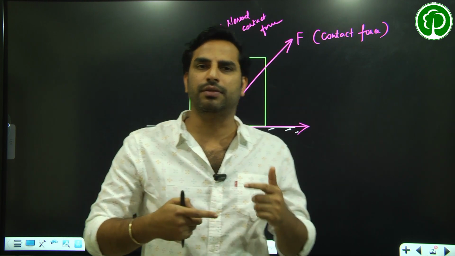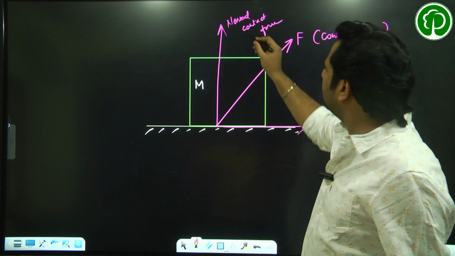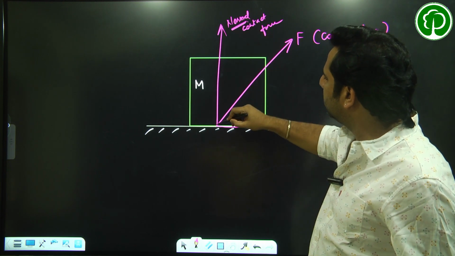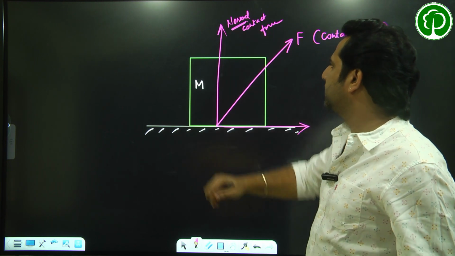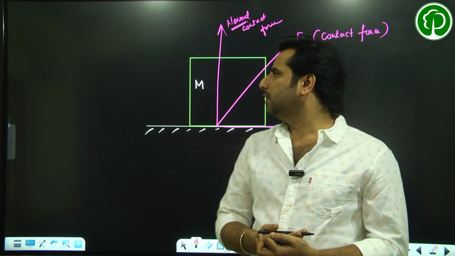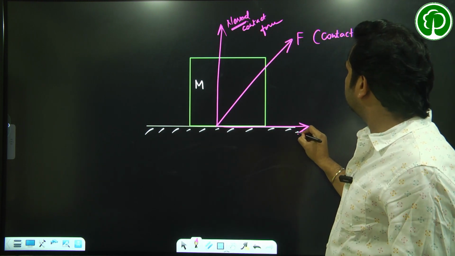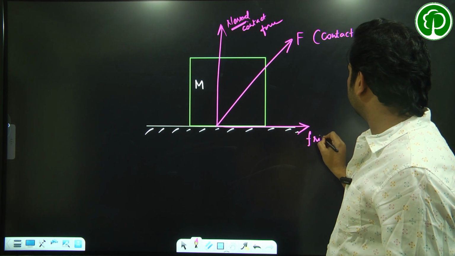Every time we don't use the word contact. The reason why we call it normal force is because it is normal to the two surfaces which are in contact. Then the parallel component of this contact force is known as friction.